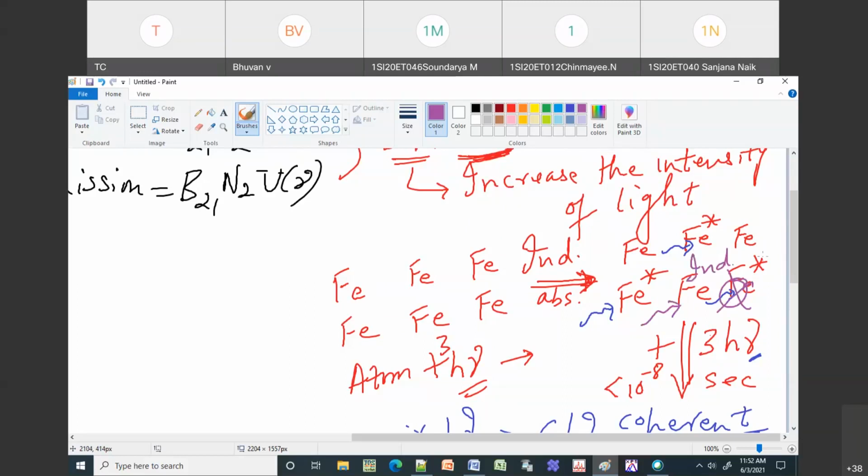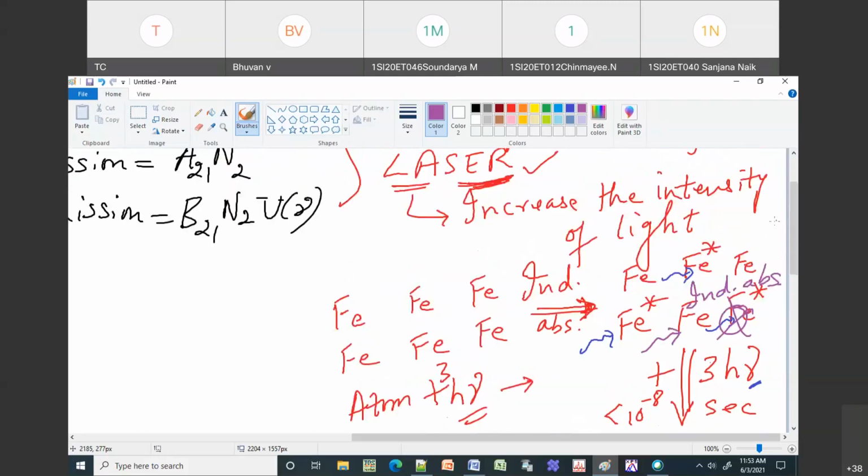So this is also possible. You cannot control this because you are just sending the photon. This photon can interact with any of the atoms. You cannot tell the photon to interact with this atom only. So these are processes that will be occurring simultaneously. You cannot control that you will have only induced absorption, only spontaneous emission, or only stimulated emission.